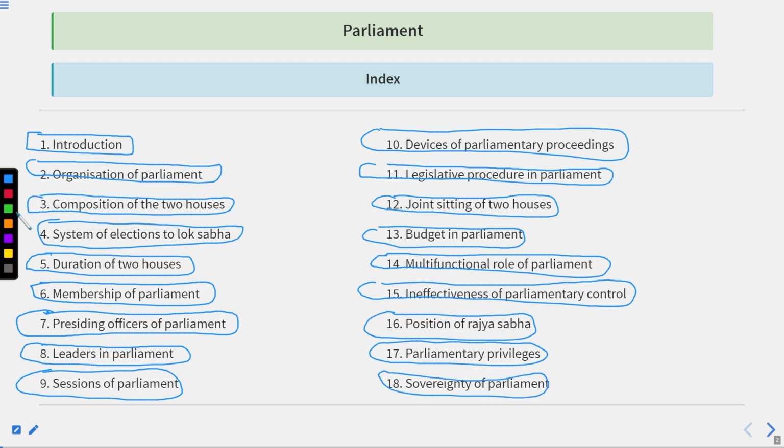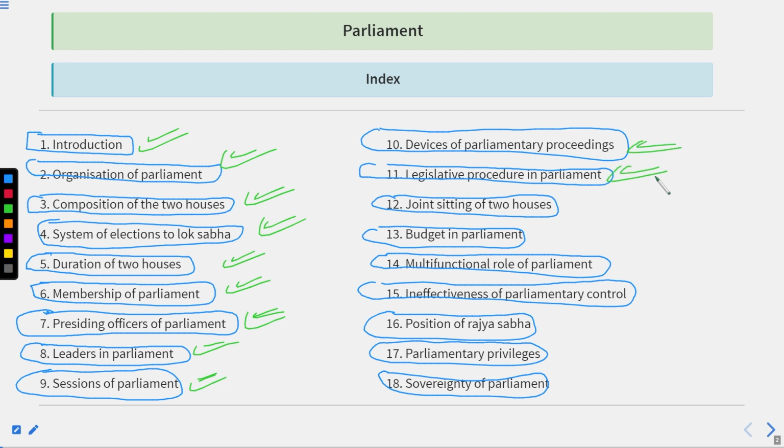If we talk about the topics that we have covered so far, we have done the introduction part, organization of parliament, composition of the two houses, system of elections to Lok Sabha, duration of two houses, membership of parliament, presiding officers of parliament, leaders in parliament, sessions of parliament, devices of parliamentary proceedings and the legislative process in parliament.